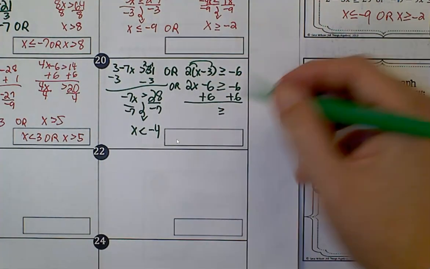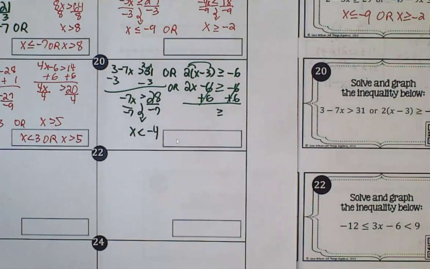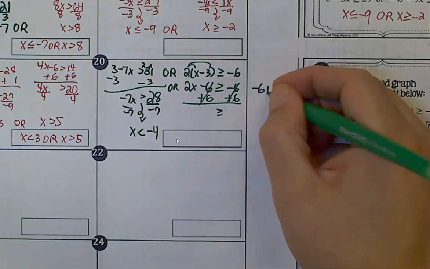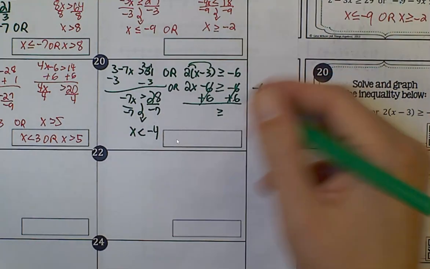You're like, I usually cross that out, and I cross that out. Okay, let's think about why you can cross that out. Any number added to its opposite is always 0.